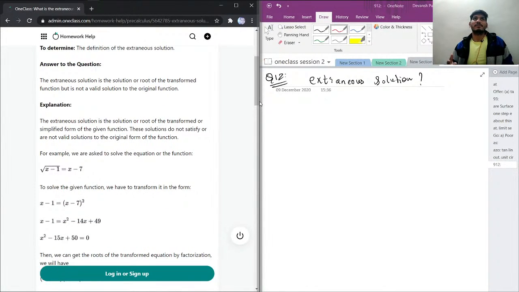Whenever we have the roots of any equation, and suppose we transform that equation, suppose I have an equation f of x, then the domain of x is going to be a particular domain.